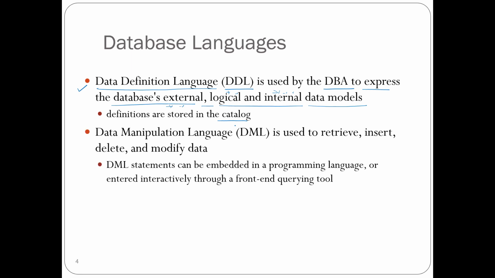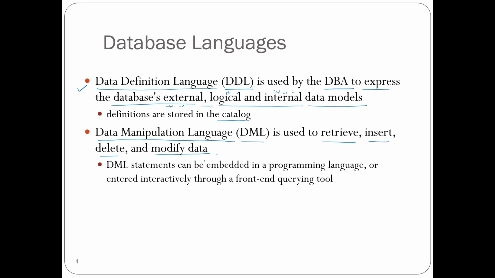Now let's look into the next category of language in databases, which is called data manipulation language. Data definition language versus data manipulation language, DDL versus DML. Data manipulation language is used to retrieve, insert, delete and modify the data. Once our data definition is provided by DDL, a term I'm using for all these different models, external, logical and internal data models, then we need to populate the data.